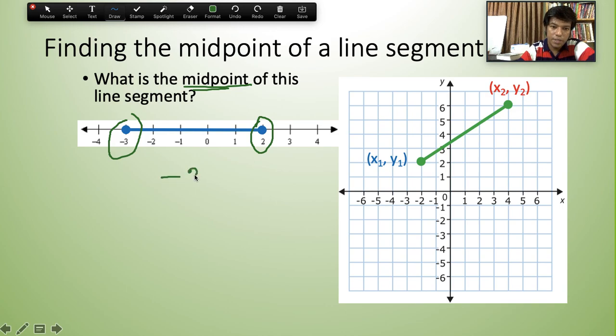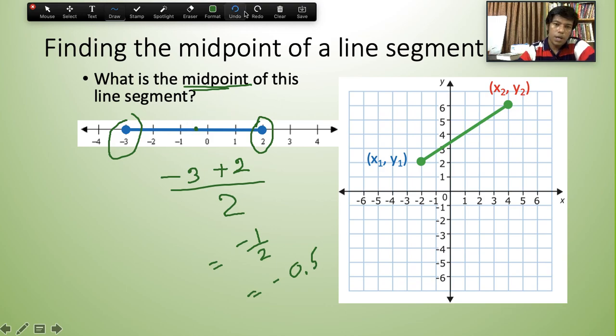So you have minus 3, then add 2, then divide by 2. Minus 3 plus 2 means minus 1, then divided by 2 gives minus 0.5. Minus 0.5 is here, in between minus 1 and 0.